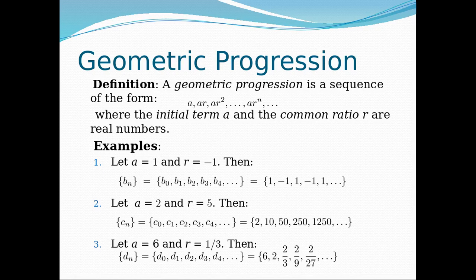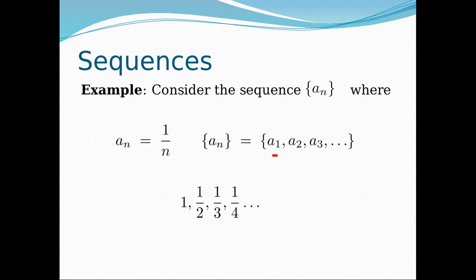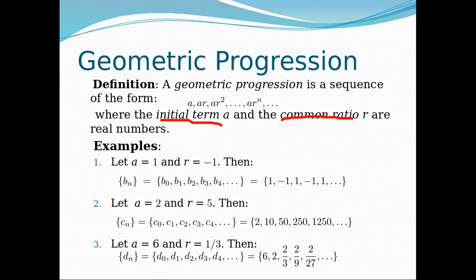Now that set is defined by this formula. The initial term would be a and the common ratio would be r. The initial term a and the common ratio r are real numbers.